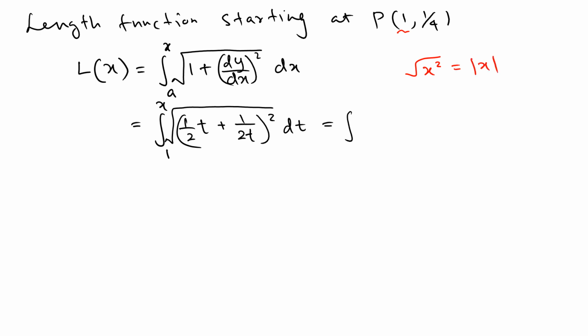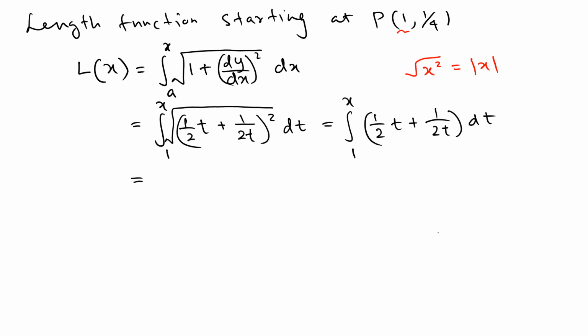But since the function is positive in this domain, you don't need that. So you can simply say it is just the function, 1/2 t plus 1 over 2t dt. I integrate from 1 to x.